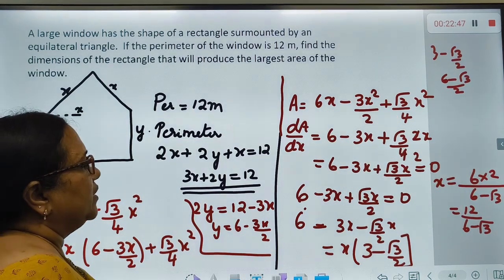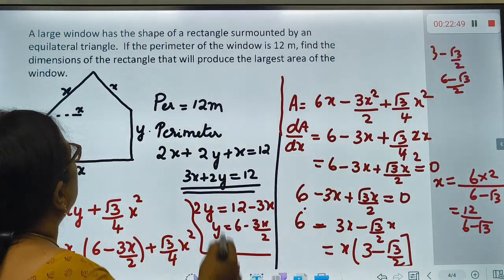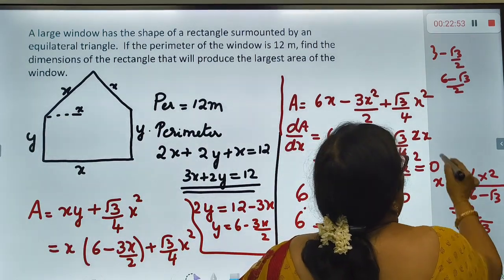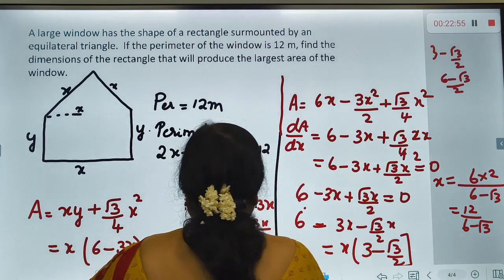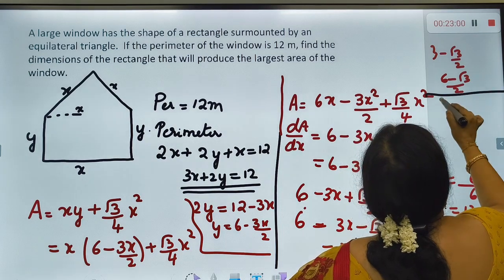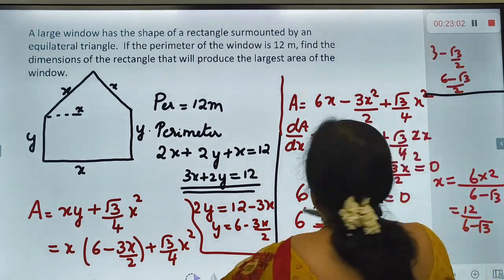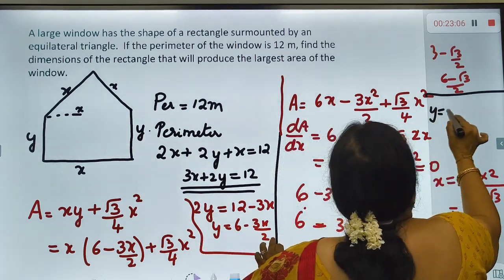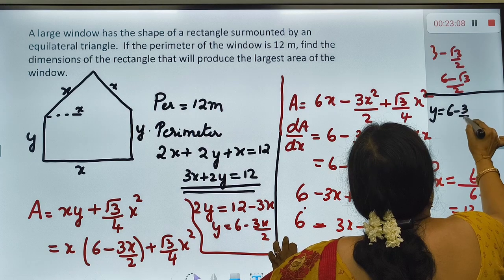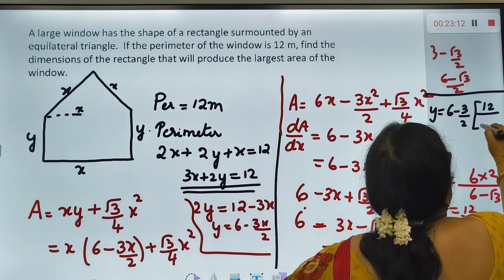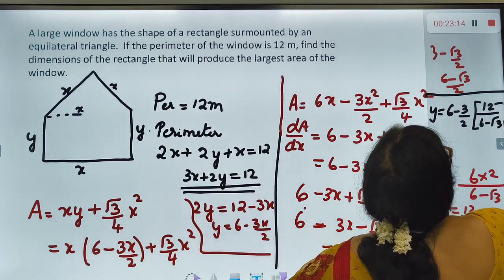Now what is it? Y. Substitute and find the value of y, because you have to find the dimensions of the rectangle. Y, this is x. So y will be 6 minus 3 by 2 into x, 12 by 6 minus root 3.